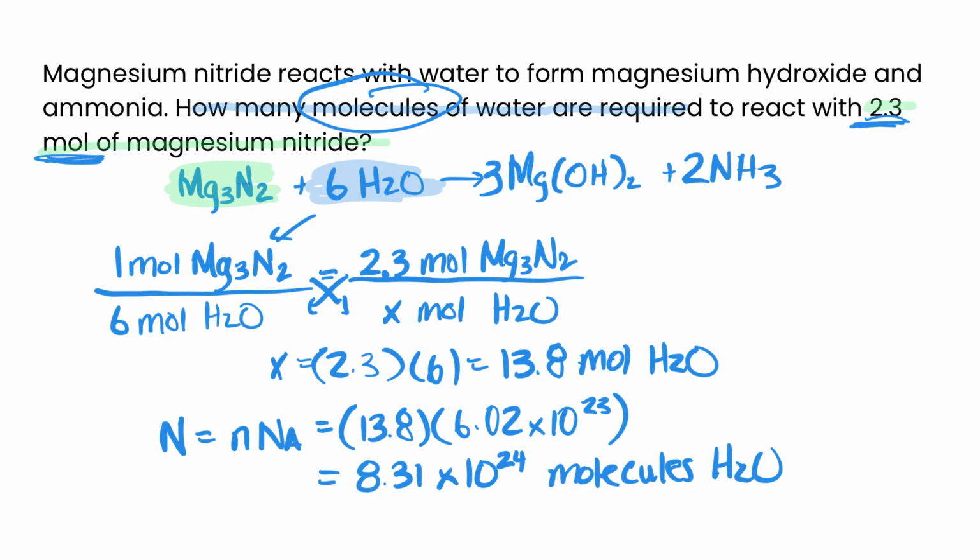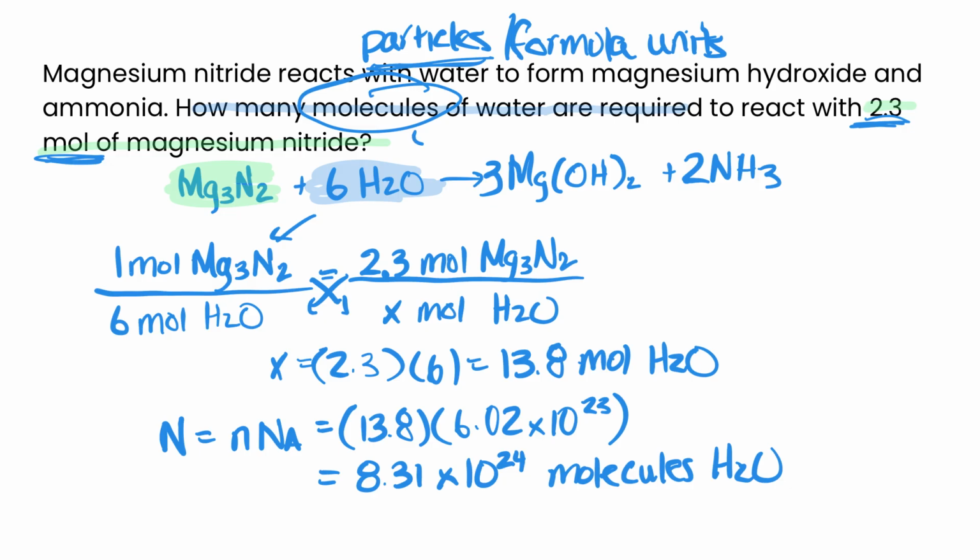Now, I do want to note that sometimes the problems here could be worded a little bit differently. They might use the word particles, or they might use formula units instead. And that's okay. Basically, they're all kind of interchangeable, but they don't quite mean the same thing. Particles is an umbrella term that could mean molecules, formula units, atoms, etc. It's a bit more of a general term.